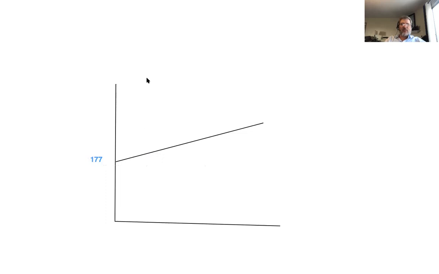And so it goes from the origin to 9. Let me try to just use the pointer to move it over a little bit. Okay. So does your graph look like that?